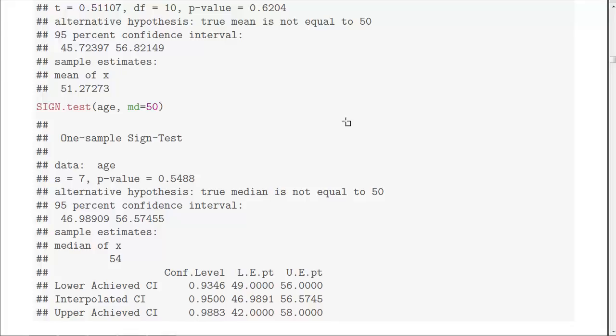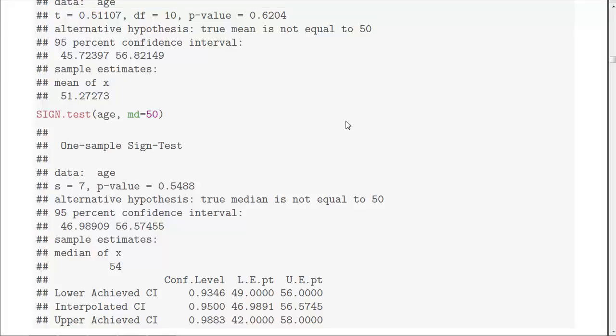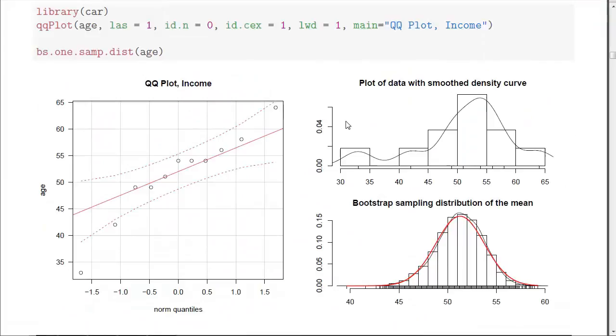So this is the sort of case that we like to see as statisticians. We had data where the sampling distribution of the mean is pretty close to normal, and we're testing a hypothesis of the mean being equal to 50 or median equal to 50. And in this case, there isn't a great difference between the sampling distribution being normal or not.